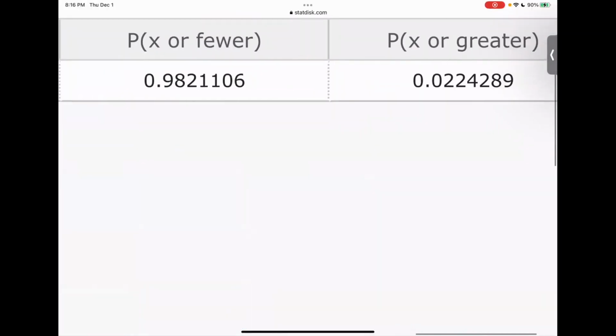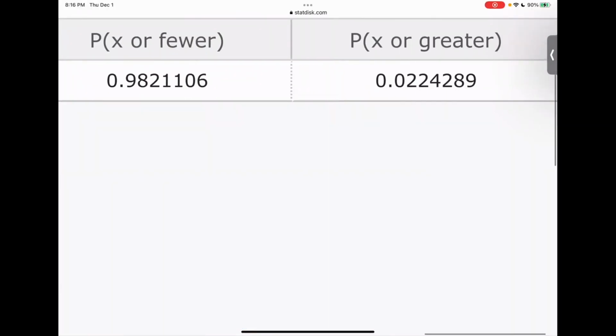This value here, X or greater, is 0.022. Okay, so if this value is less than 0.05, then we can say that 252 is a high number of successes, right? This value is 0.02, which is less, so this value, 252, is significantly high.